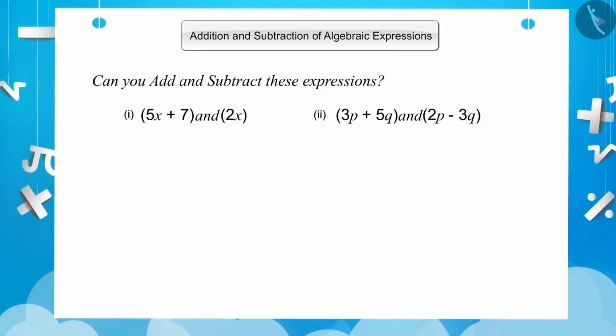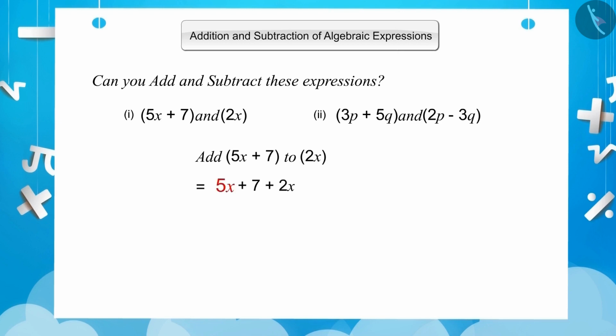As we saw in some expressions earlier, 5x plus 7 and 2x, and 3p plus 5q and 2p minus 3q. Now let's add and subtract them. Sum of 5x plus 7 and 2x: 5x plus 7 plus 2x.